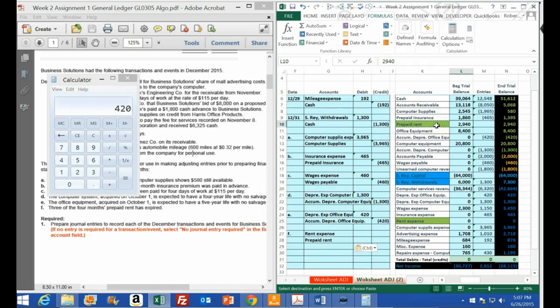And in so doing, we would recognize the rent as we use it rather than when we paid it. So we've got to write this amount down, and that's why we're going to credit prepaid rent and expense it down here. So we have 3 months. 3 of the 4 months prepaid rent has expired.